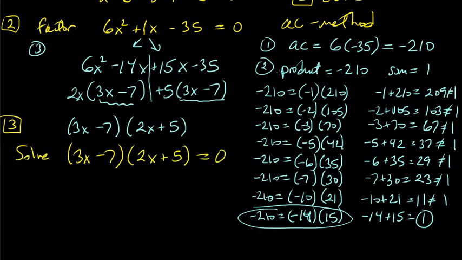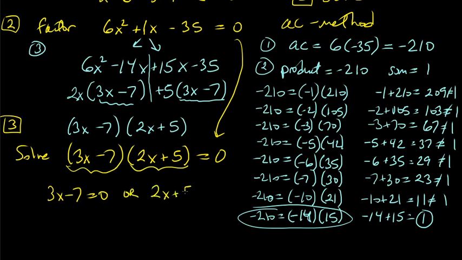So don't forget to put back the equals 0 here. And because it's factored, this is my a, this is my b. So 3x minus 7 equals 0, or 2x plus 5 equals 0. The first gives you x equals 7 over 3. The other one gives you x equals negative 5 over 2.